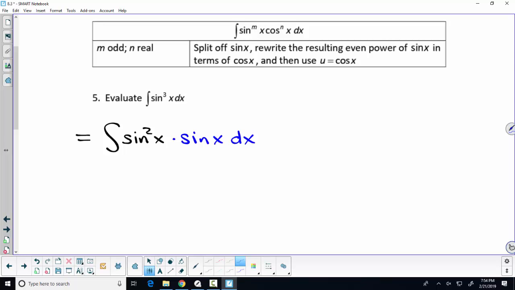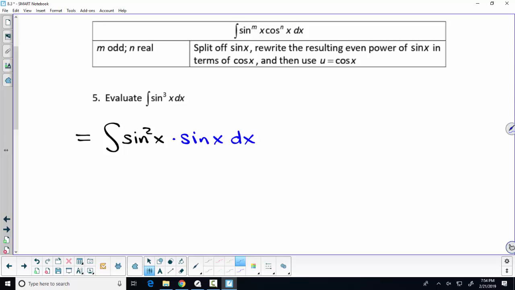Sometimes there's a constant involved, so it's not always a 1-to-1 ratio. But if we just remember what to split off, the rest will make sense, because what we split off tells us what our u substitution should be.